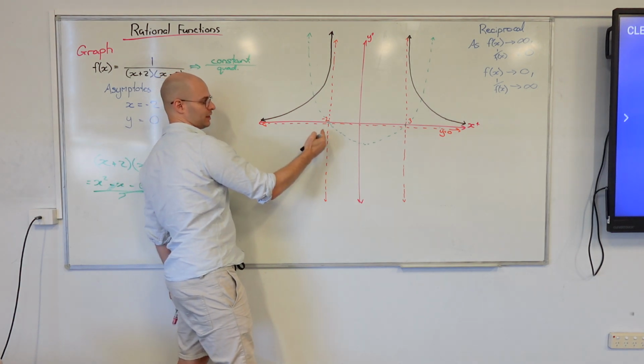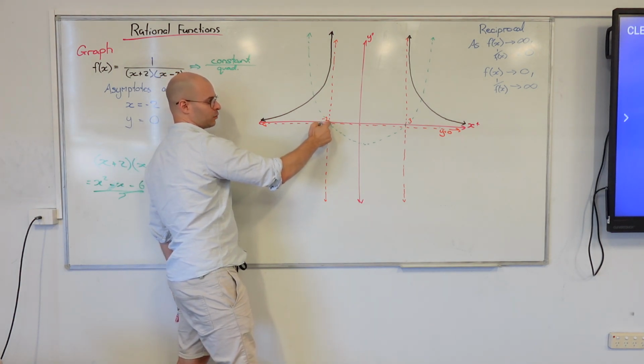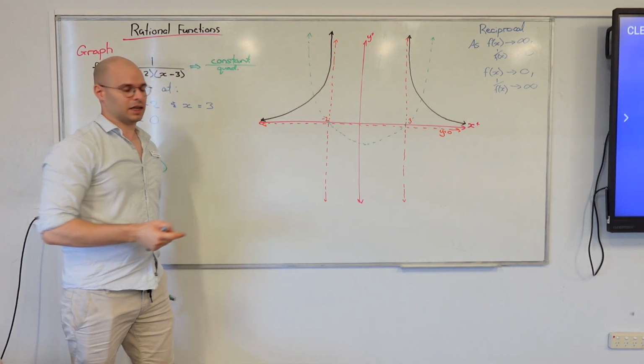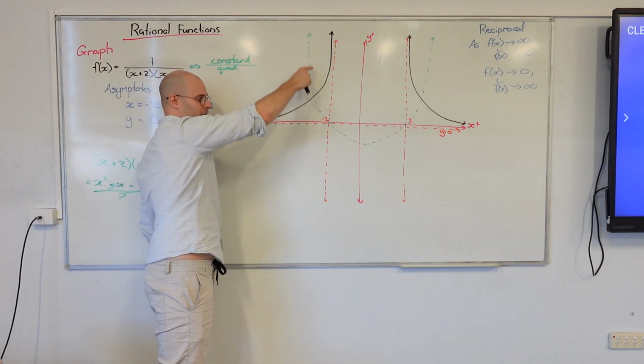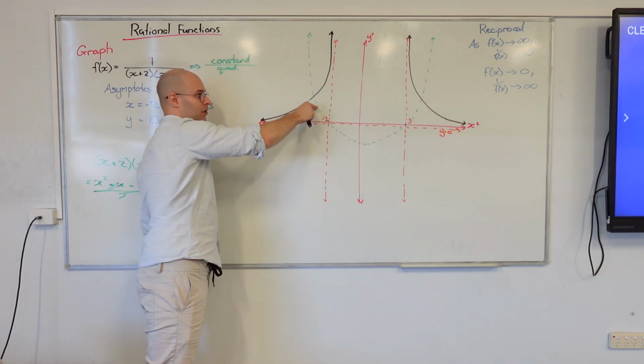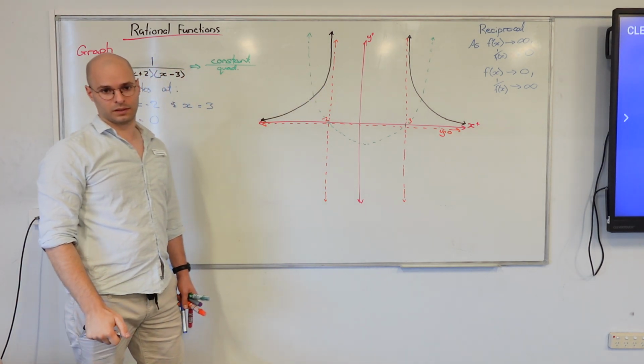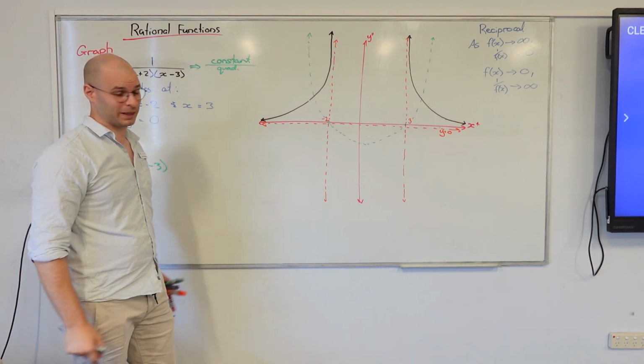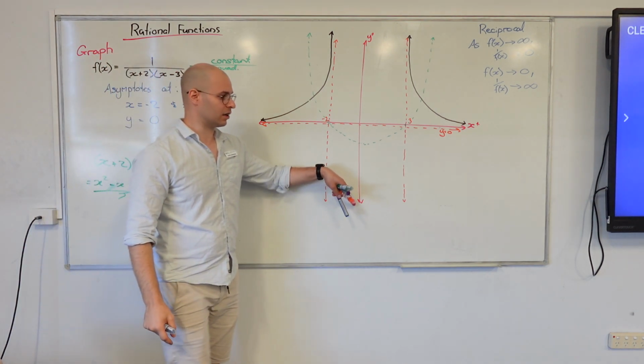As it approaches the asymptote, the quadratic gets small, but the reciprocal gets really large. You see? And because this is above the y-axis or above its asymptote, this will be above as well. Sometimes it's not always going to be like that though, but in this case it will be. Okay, what's going on here though?